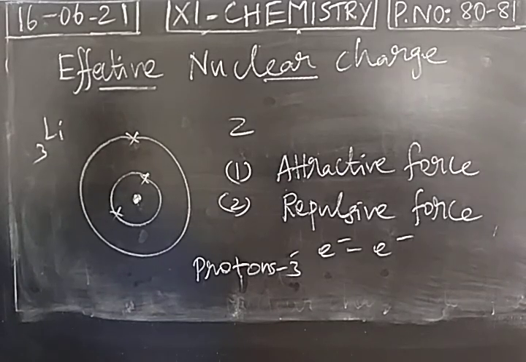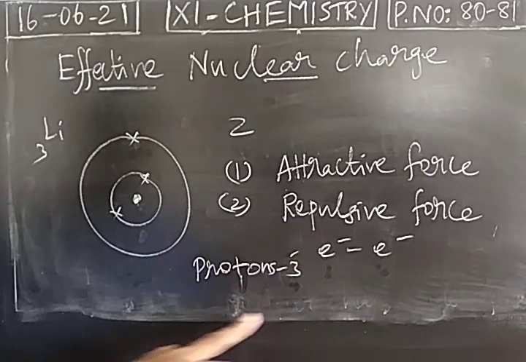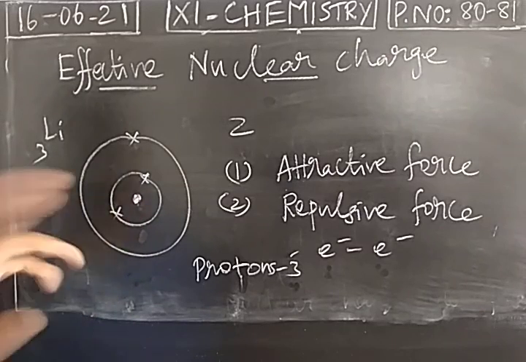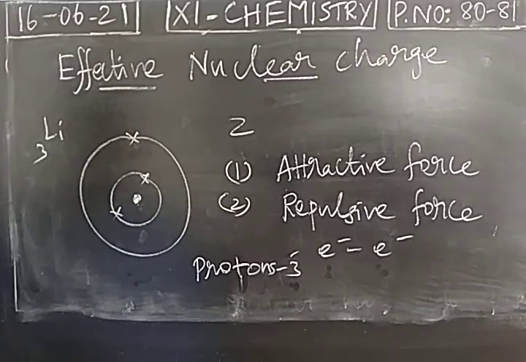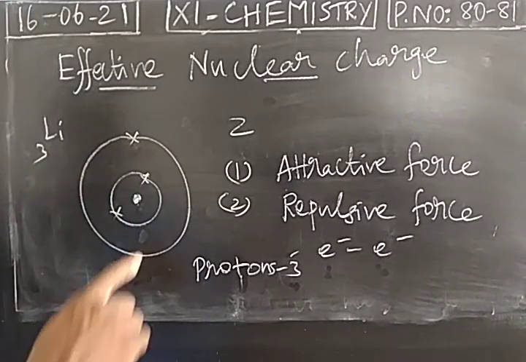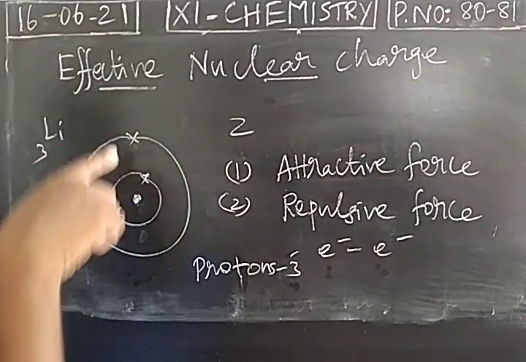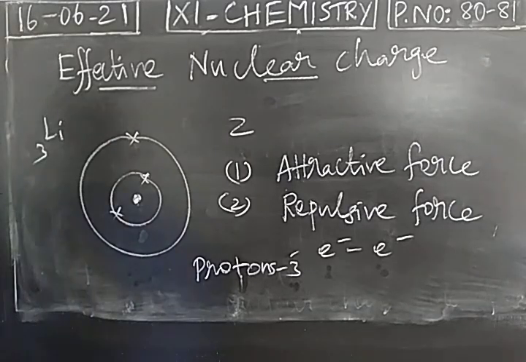But consider electron-electron repulsion. Even though we have protons, which offer a positive charge, electron-electron repulsion is there. So definitely the protons will not make an effective nuclear charge on the valence electron, right?